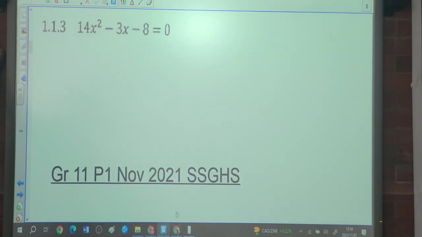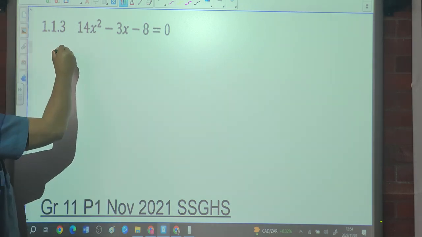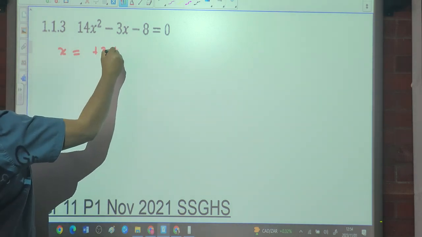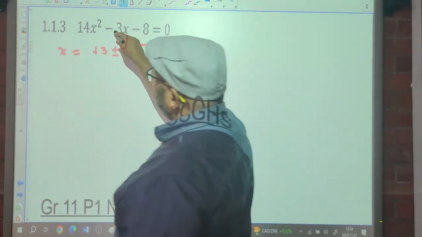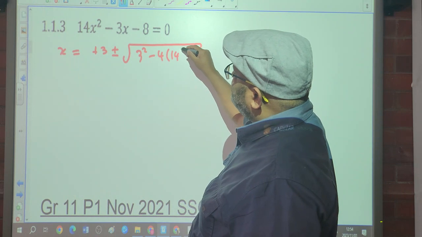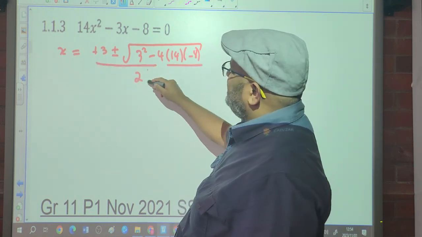Okay, from here it doesn't. B squared is going to be 9 minus 4. It's fairly large. So what I'm going to do is I can substitute into the quadratic formula, which is minus b plus minus the square root of b squared, which is negative 3 squared, minus 4, a is 14 and c is negative 8. And this is all over 2a, which is 2 times 14.